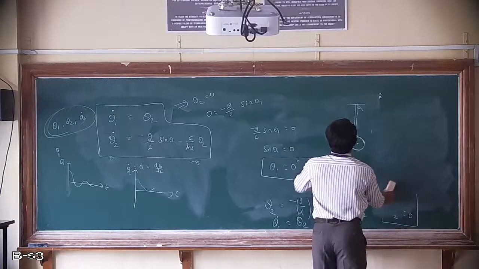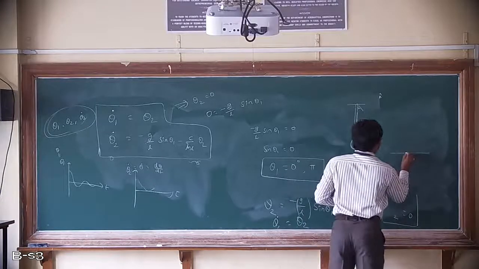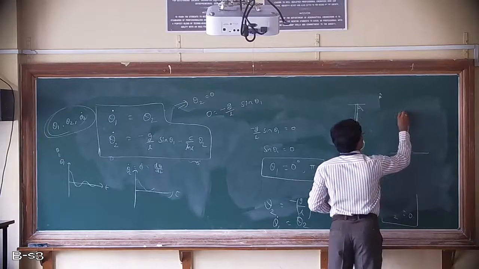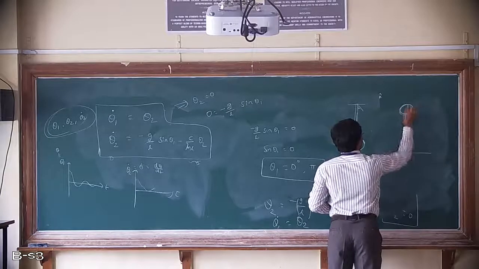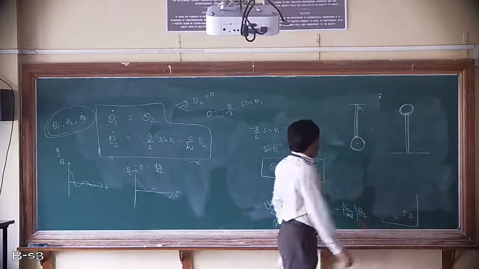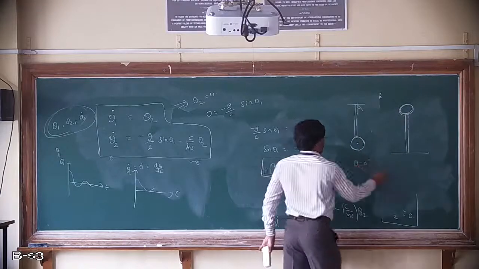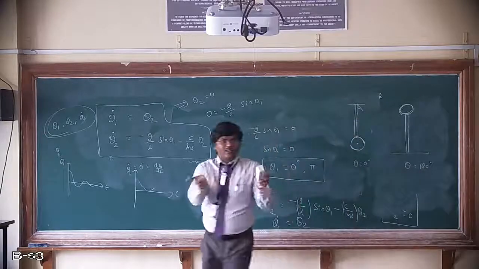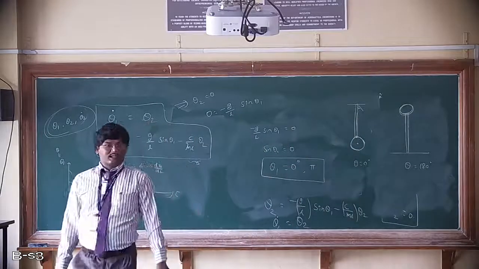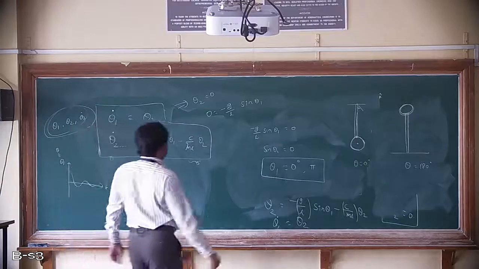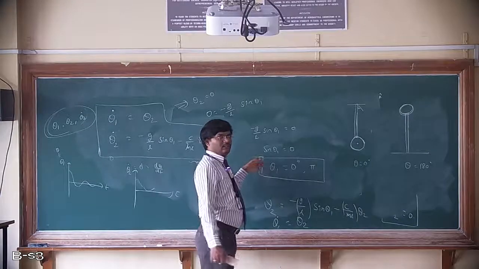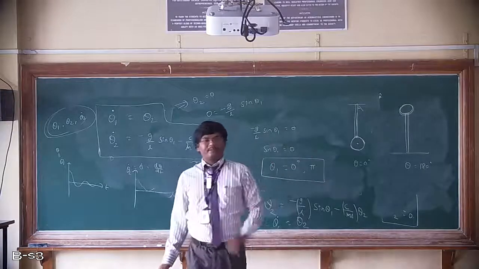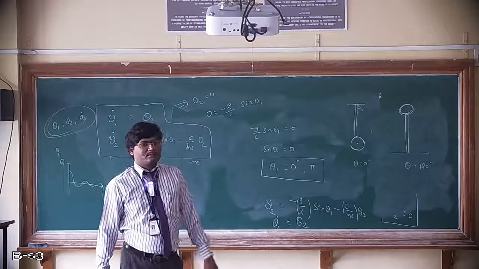At theta is equal to 0, and at the same time at theta is equal to 180 degrees also, you are getting equilibrium conditions, right, from this theta 1 dot into theta. So at these two conditions you are getting equilibrium points.